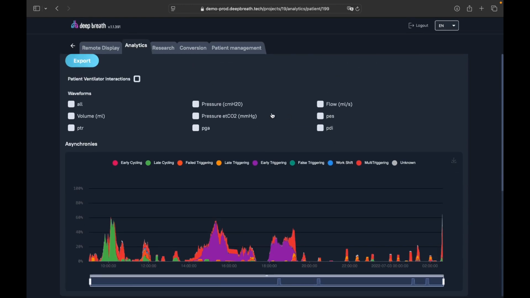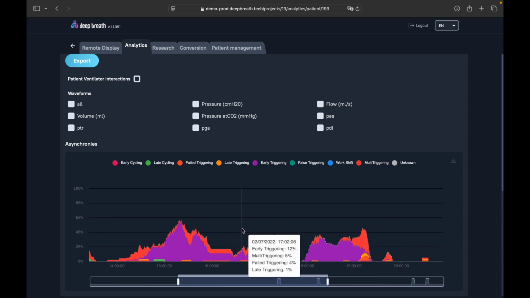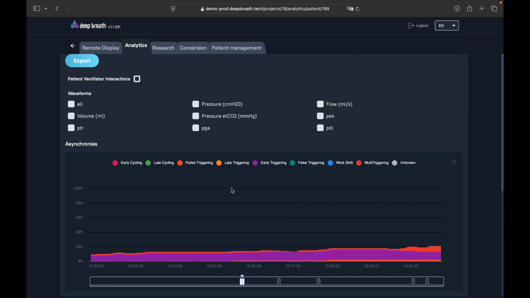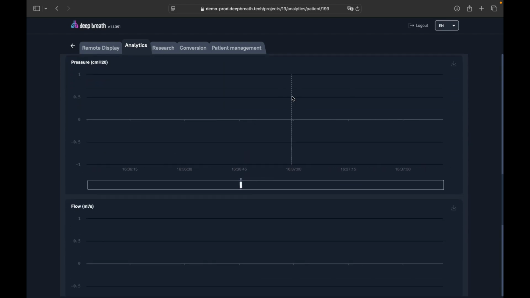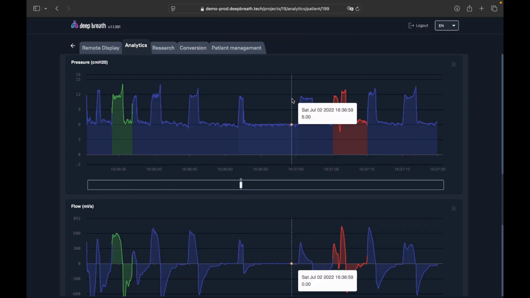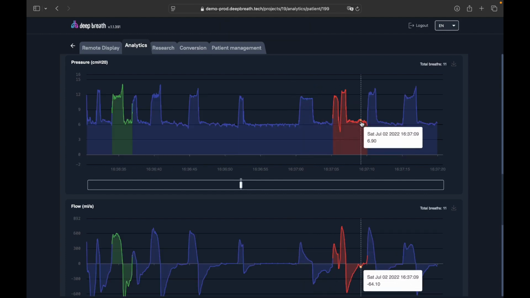The patient was ventilated 18 hours, but there were different types of asynchronies during ventilation. Now I would like to show an example of early triggering or reverse triggering, depending on how you call it. We can zoom into a specific period and ask to show waveforms. As always, we need to zoom into less than 5 minutes, and that is the case.